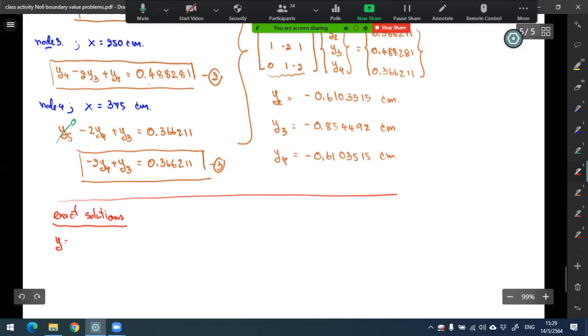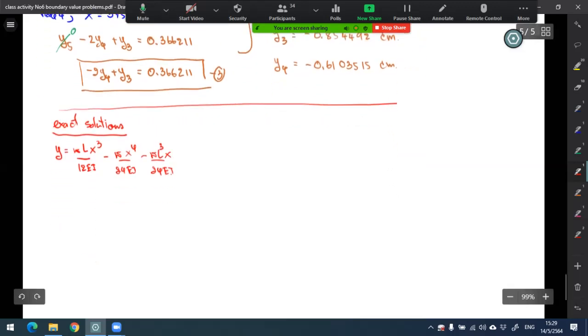That is y equal to WLX cubed over 12 EI minus WX4 over 24 EI minus WL cubed X over 24 EI. Okay, don't forget to substitute each value into this. Be careful in calculation.